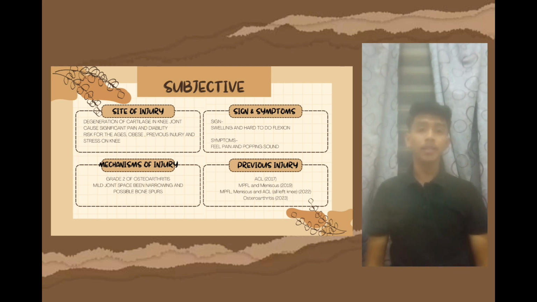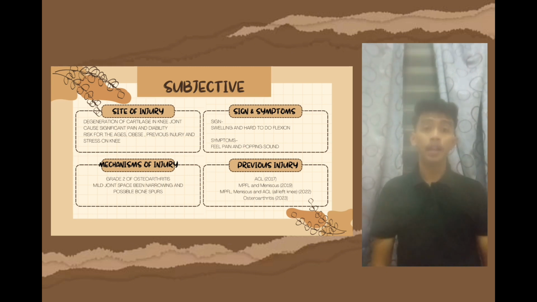Next is the mechanism of injury. She had a grade 2 injury, which at this stage has mild joint space narrowing and possible bone spurs forming around the edges of the joint. Next is the previous injury.